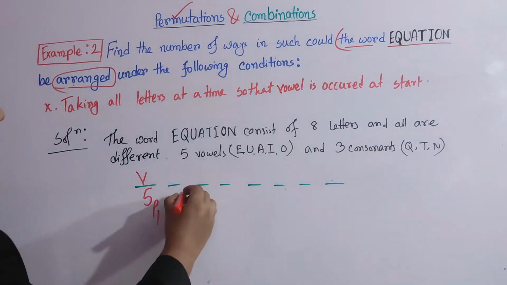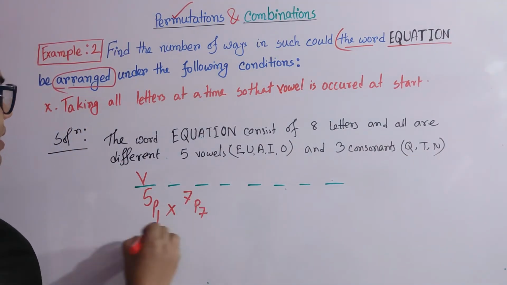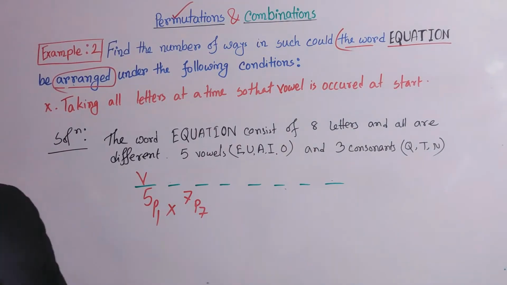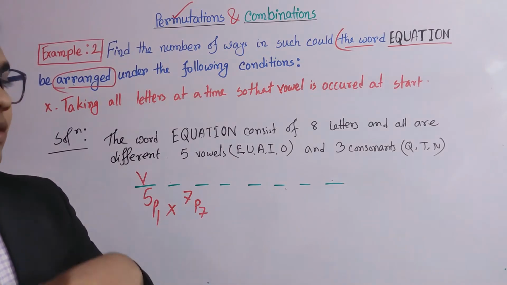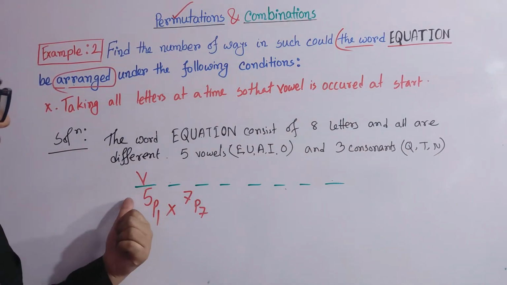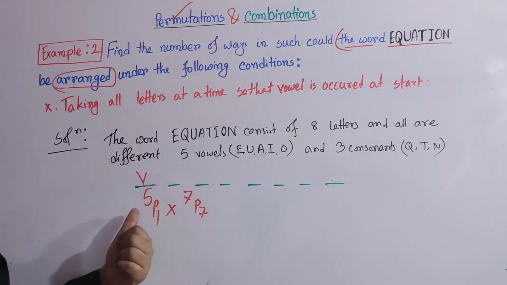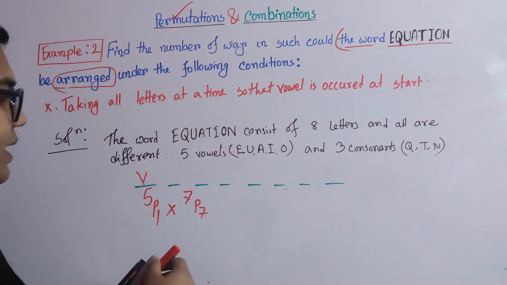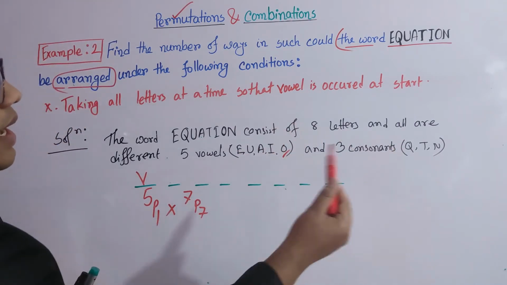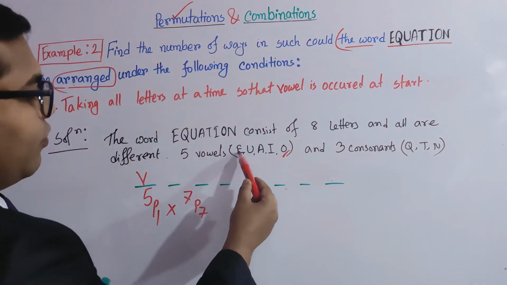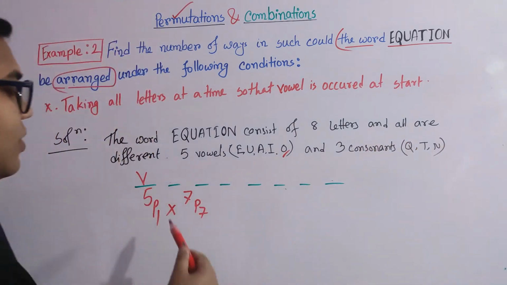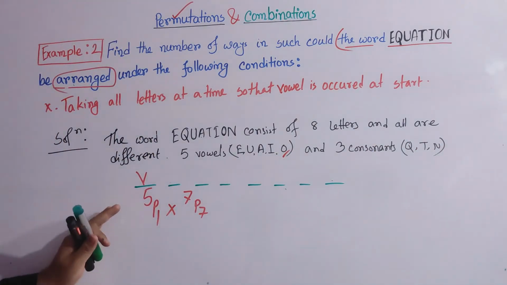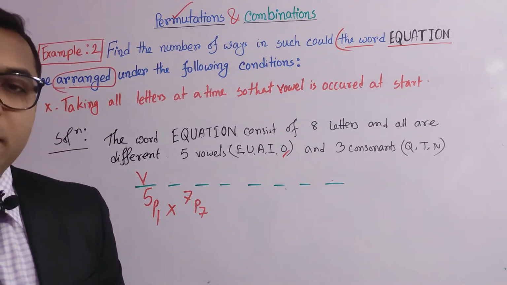So that will be 7P7. That's the answer. Our first place was filled by a vowel; there were 5 vowels, so from 5, 1 will come here, and the rest 7. Say for example we are selecting O. How many options are available? 1, 2, 3, 4, 5, 6, 7. So these 7 will be placed in 7 places. So that's the answer of question number 10.